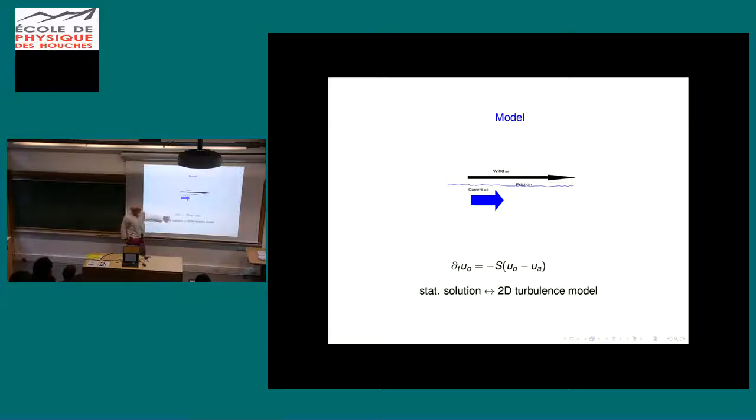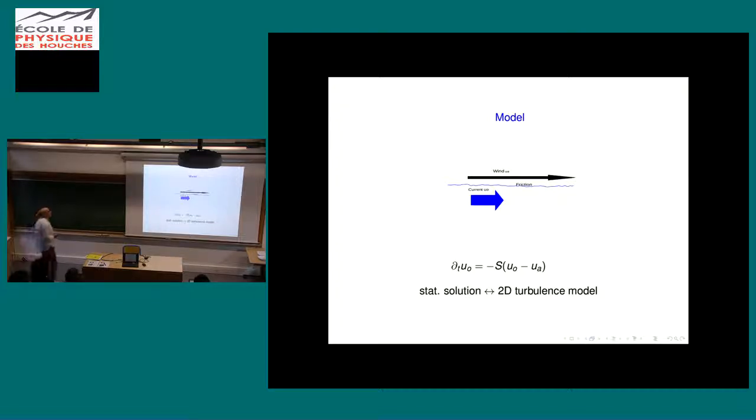The ocean velocity is UO, the atmospheric velocity is UA, and the acceleration of UO is given by a stability parameter S times this. For a short moment I do not have a quadratic drag; I have linear drag now. I'll come to quadratic drag later.